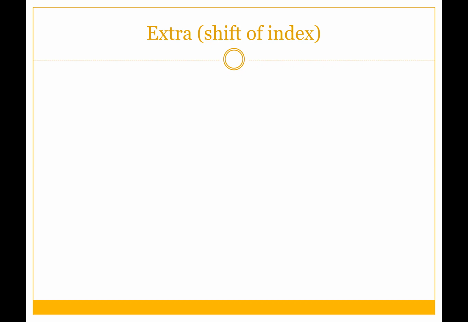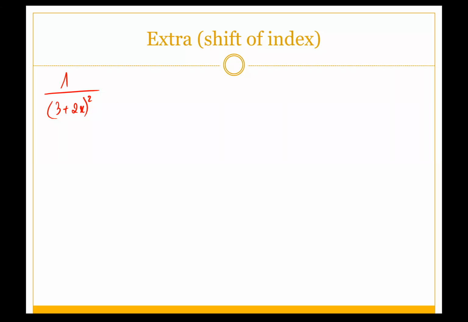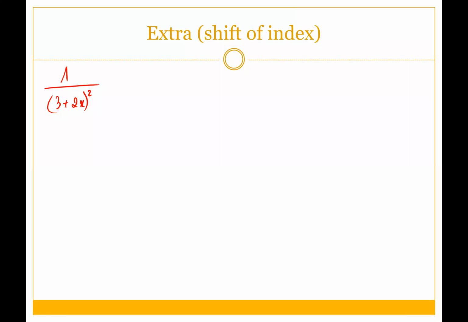So say, find a power series representation of 1 over 3 plus 2x squared, right? There are two ways to do this. Either you put it in terms of a series you already have.